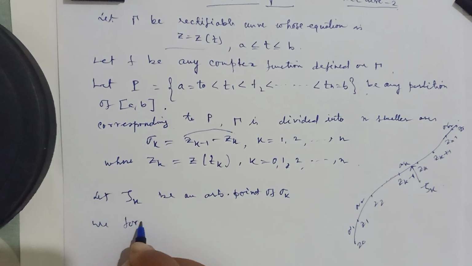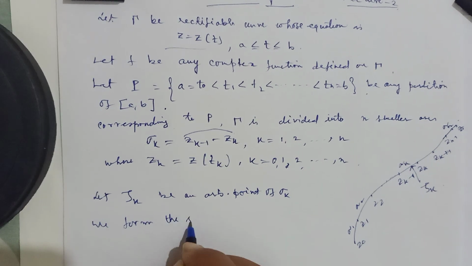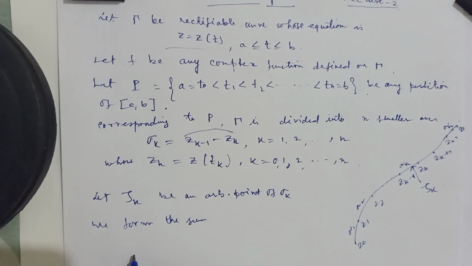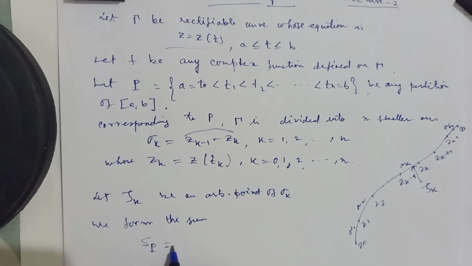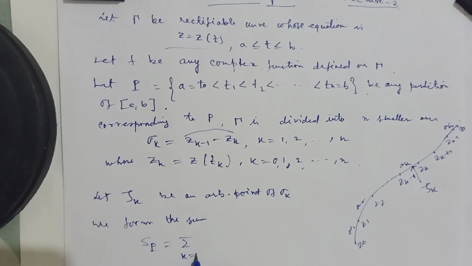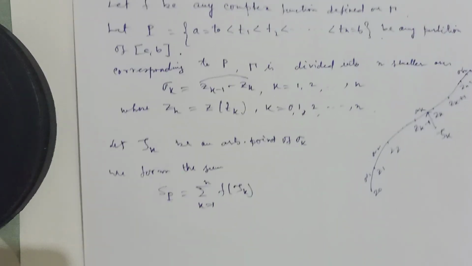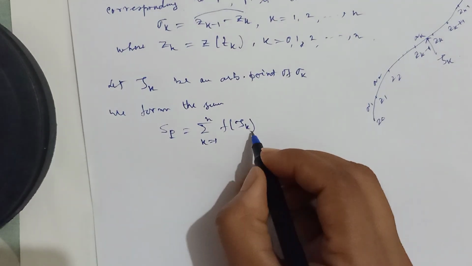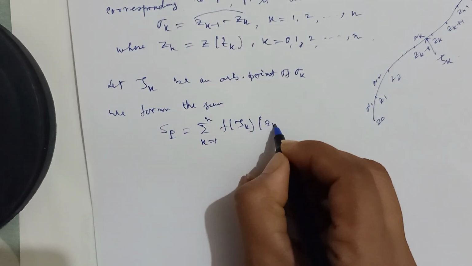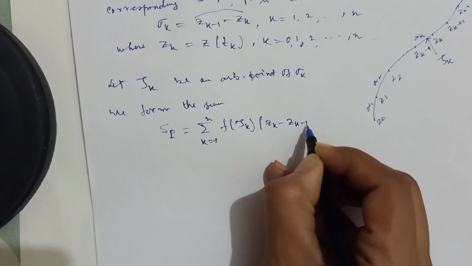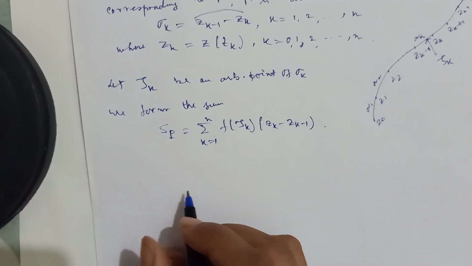We form the sum at this point zeta k. Sp equals to summation over k equals to 1 to n f of zeta k times zk minus zk minus 1. Clear?